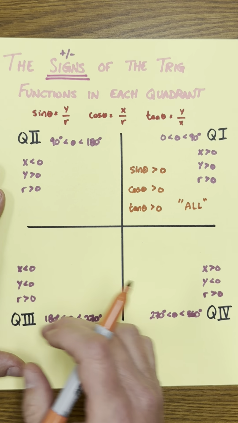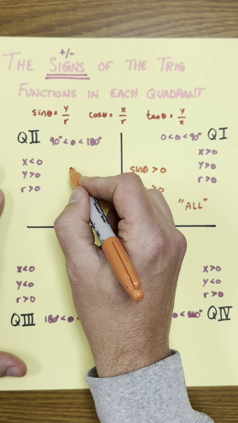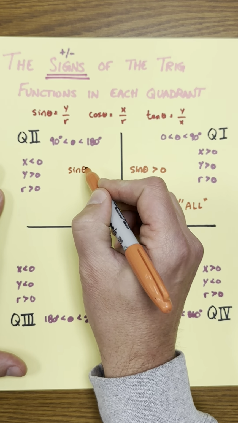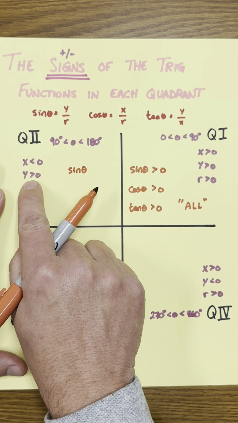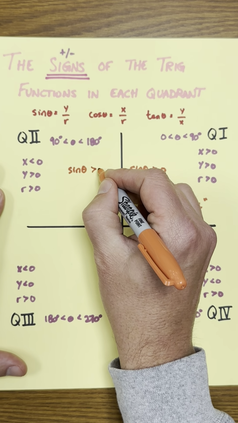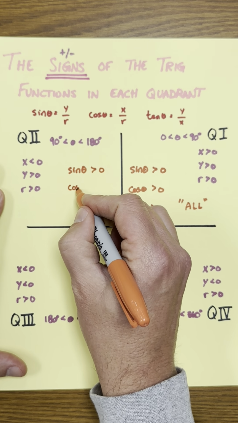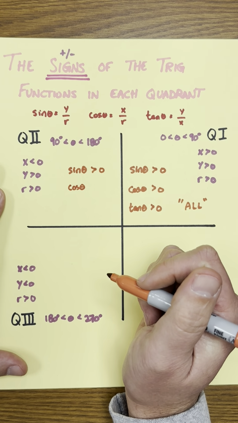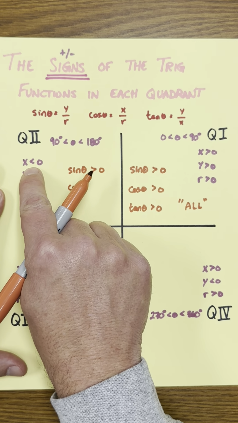Now it gets more interesting the rest of the way. In quadrant number 2, the sine value. So sine uses y over r, and y is positive, r is positive. So 2 positives are positive, greater than 0. Cosine of an angle in this quadrant, however, we're using x over r, and x is negative.